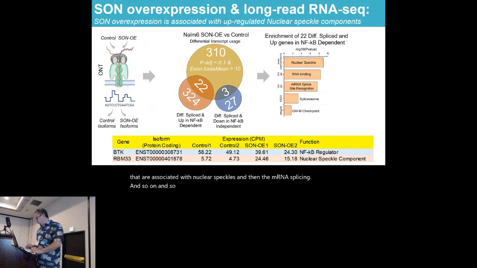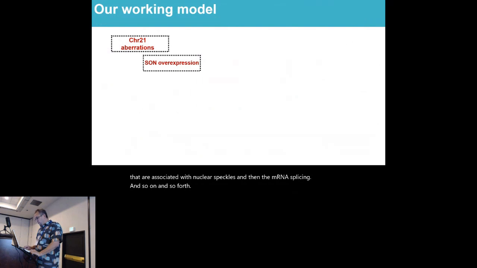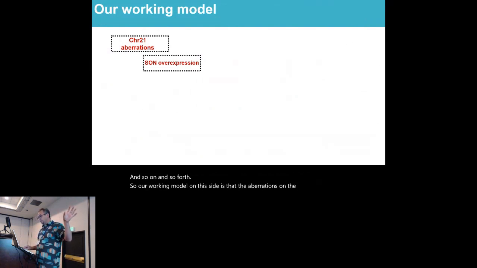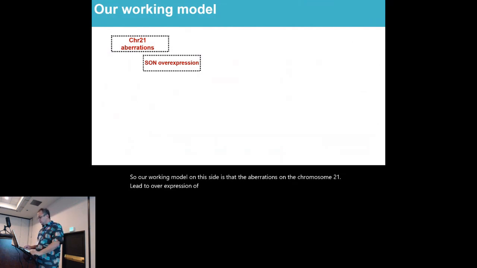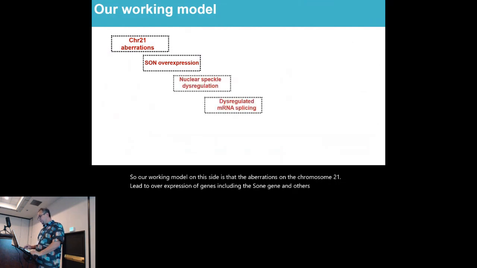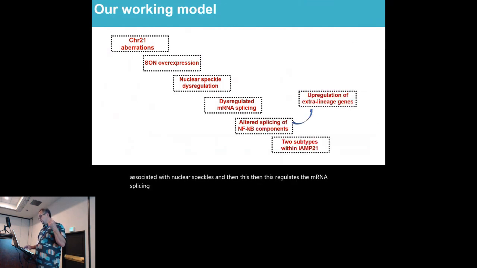So our working model is that the aberrations on chromosome 21 lead to overexpression of genes, including the SON gene and others that are associated with nuclear speckles, and then this dysregulates mRNA splicing, including of genes that are related to the NF-kappa B pathway.